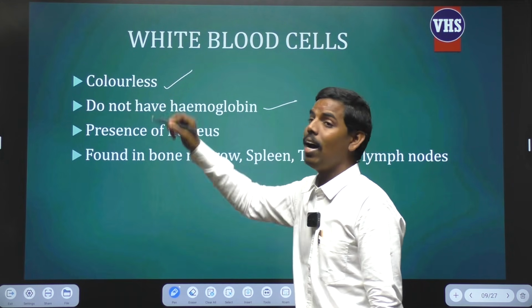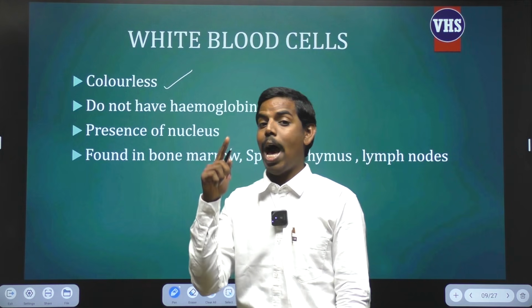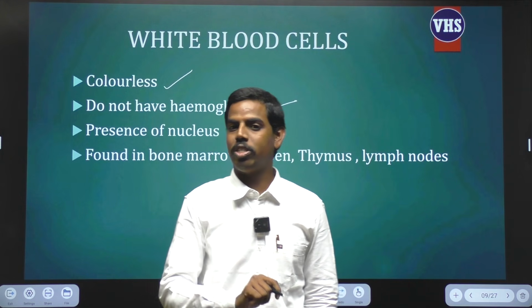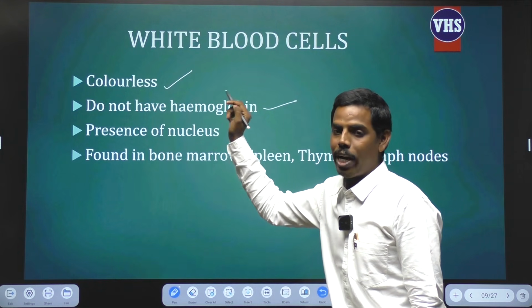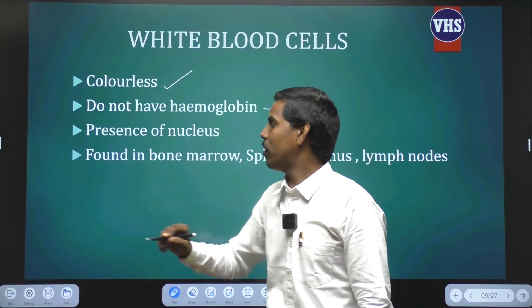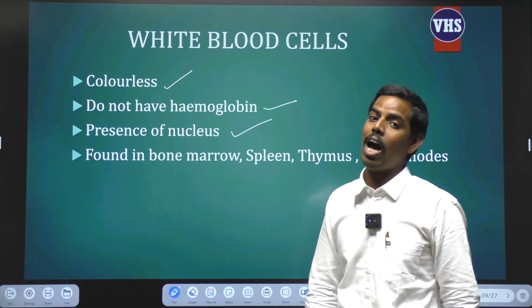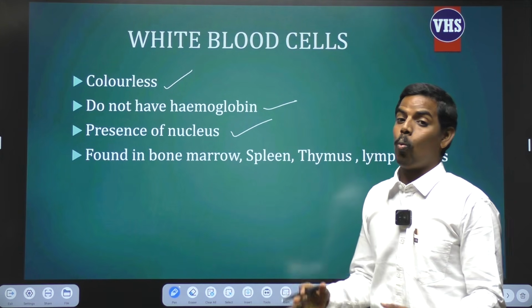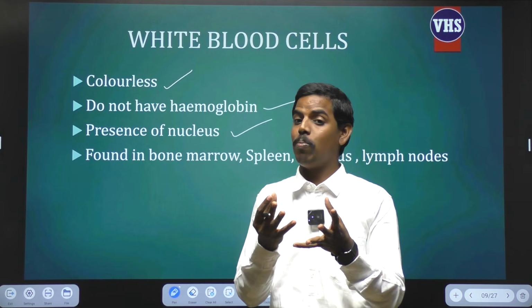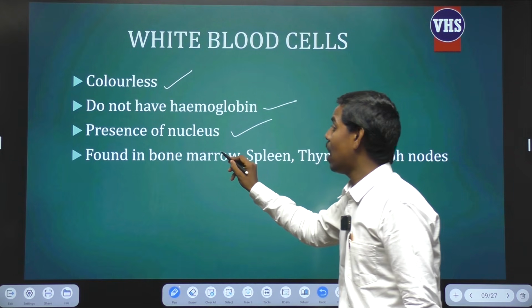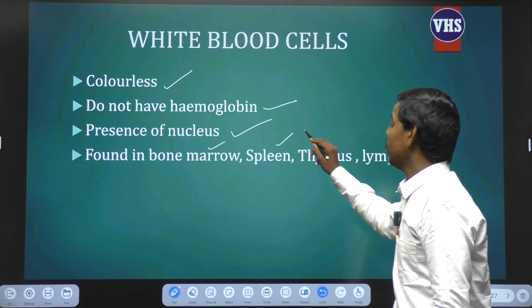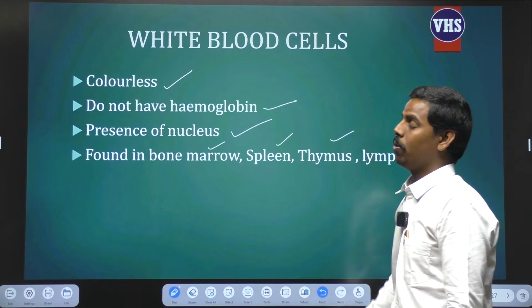That's why the cells are colorless. Next, RBCs lack a nucleus when mature, but in the white blood cells, all the cells have a nucleus. Where is WBC formed? WBC is formed in the bone marrow, spleen, thymus and the lymph node.